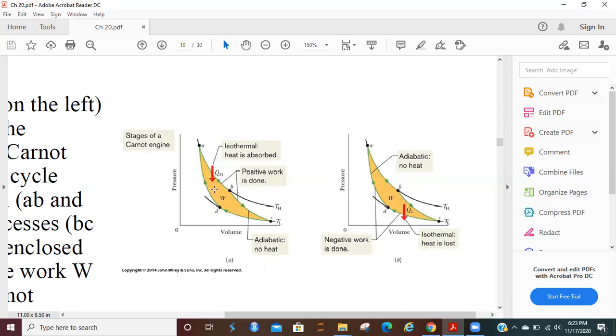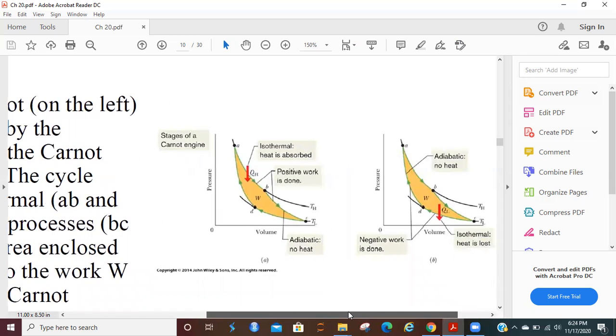But what you're looking at here is that positive work is in fact being done, and heat is actually entering the system. Here you are seeing that negative work is being done. You can see that because the arrow is pointing this way. And then in the isothermal process heat is being lost. So since this is an ideal engine, the amount that goes in and the amount that goes out should be the same.